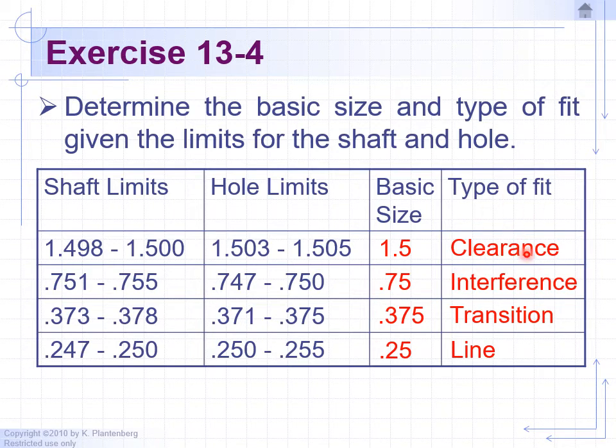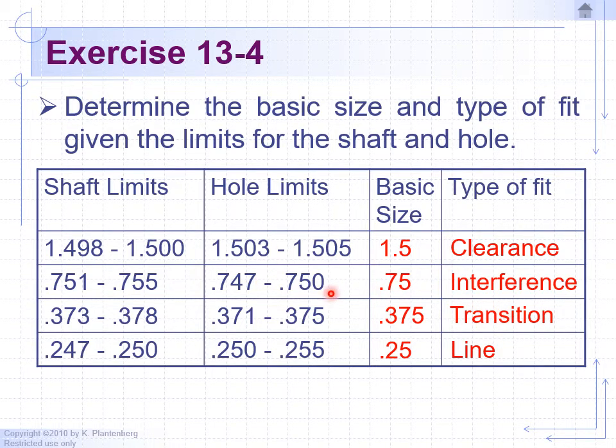Quick review. Clearance tells us that the hole will always be larger than the shaft. There will always be space, so that's clearance. Interference tells us that the hole will always be smaller than the shaft, so you have to force the shaft into the hole, either with a hammer or a press, and friction will hold it in place.